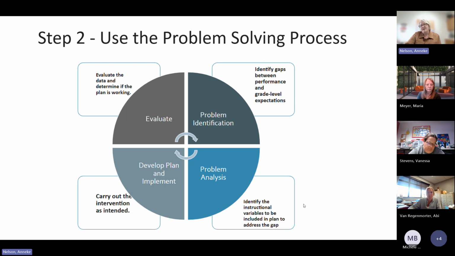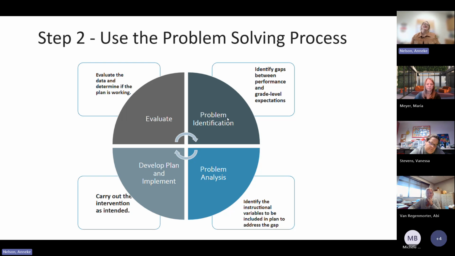Then we think about the instructional and curriculum variables that could be impacting that, develop an intervention to address those things, and collect additional data to see if our intervention worked. If it worked, great, we move on. If not, we head back into problem identification to figure out what maybe needs to change.